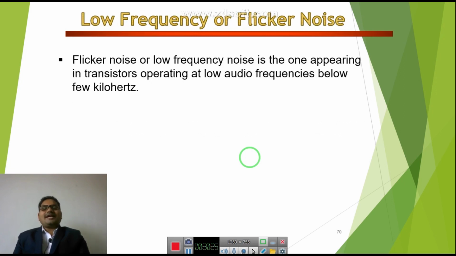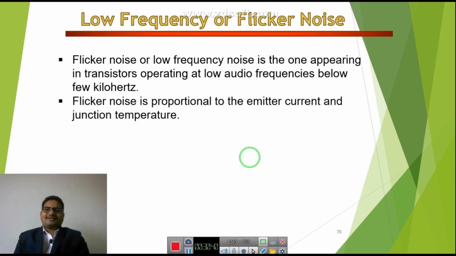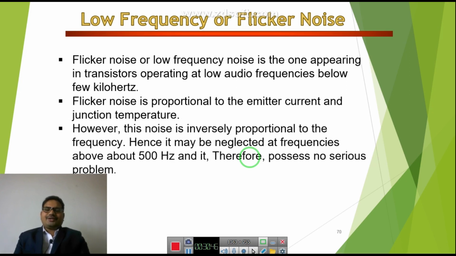The next type of noise is low frequency noise, or flicker noise. Flicker noise is the one appearing in transistors operating at a low frequency, below a few kilohertz. Flicker noise is proportional to the emitter current and junction temperature.